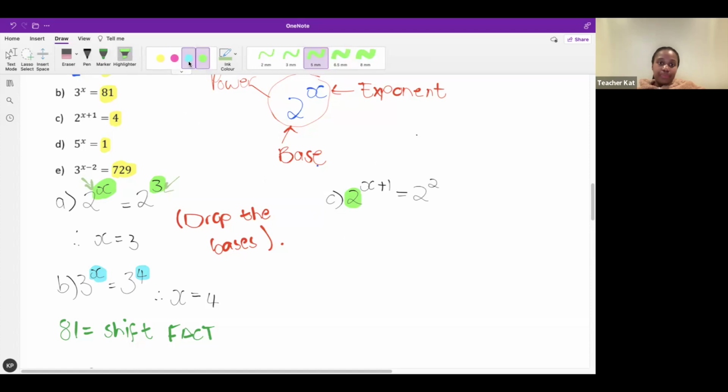Now, 2 to the power of something, in this case something has 2 terms, is equal to 2 to the power of 2. Therefore, that whole something, as in the whole x plus 1, has to equal 2. Are we done solving for x for this one? Can I just leave it by saying x plus 1 is 2?